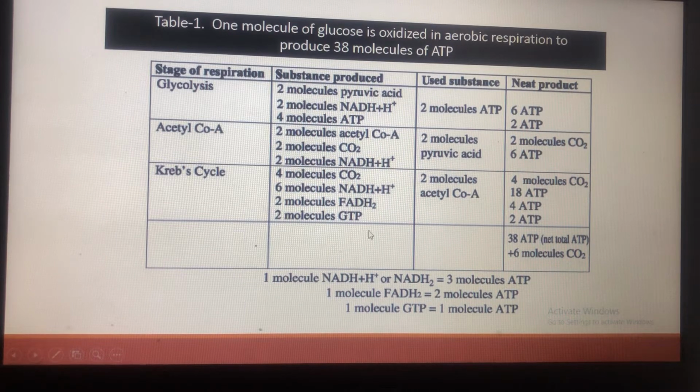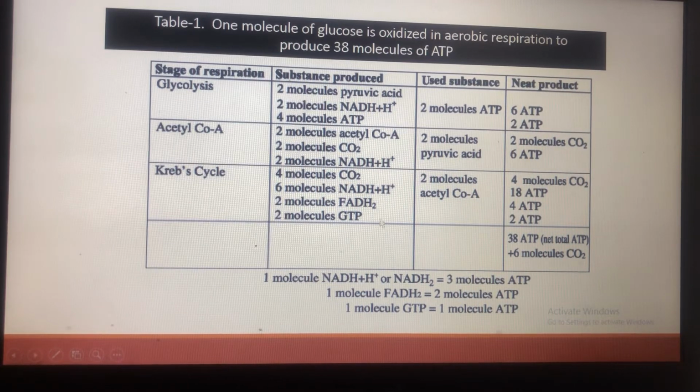So 2 molecules of FADH2 is equivalent to 4 ATP, and 1 molecule of GTP is equal to 1 molecule of ATP. So from 2 molecules of GTP, 2 molecules of ATP are produced. So if you just add all these, a total of 38 ATP can be found to be produced during respiration, and in addition to that 6 molecules of carbon dioxide are produced.